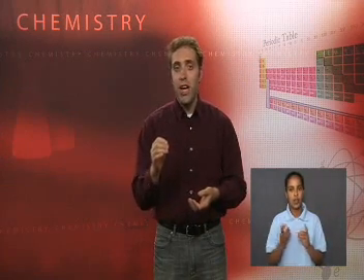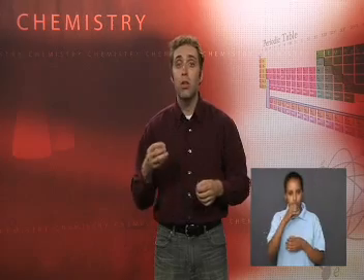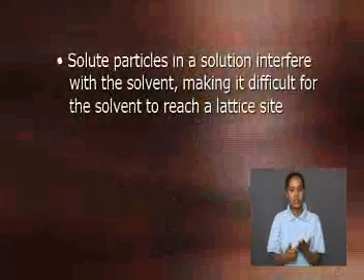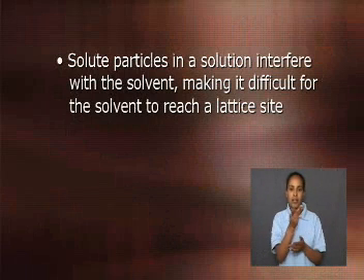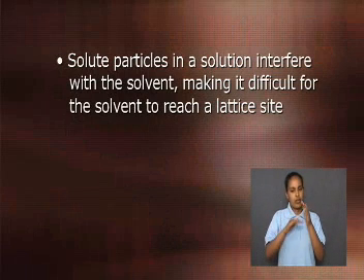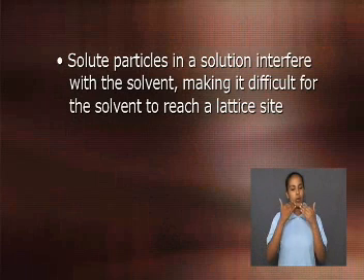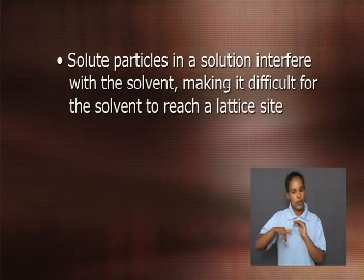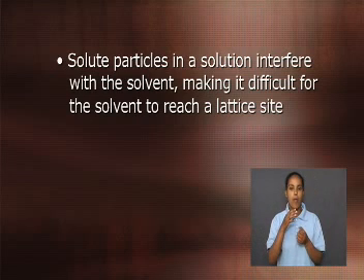Welcome back, students. When subjected to freezing temperatures, the pure water in a sugar-water solution begins to crystallize on its own. However, the sugar particles slow down the process by concentrating in the remaining solution, thus blocking the water molecules from reaching a crystal lattice site.